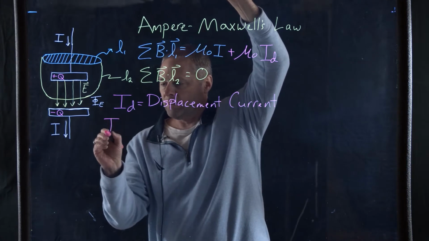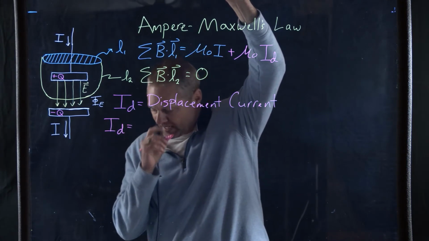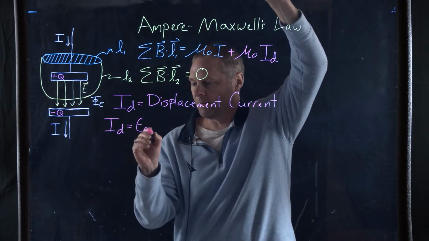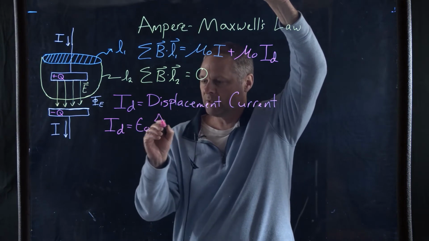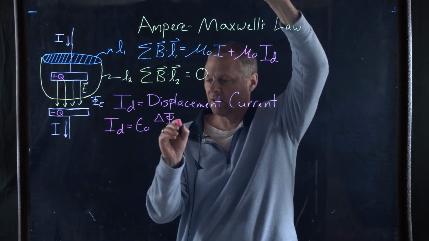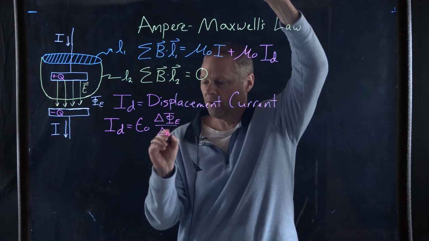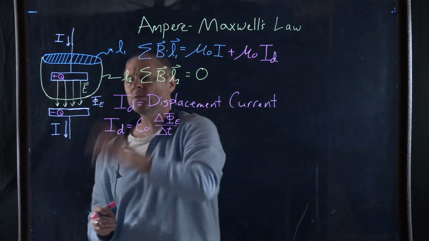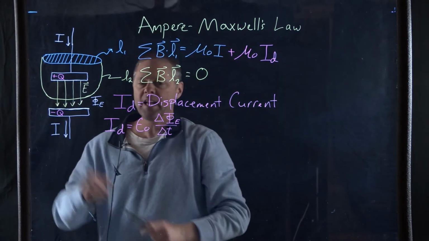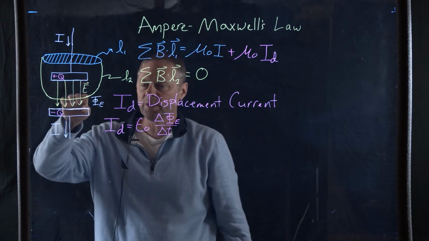The displacement current is equal to the permittivity of free space times the change in the electric flux over time, because over time this electric flux is going to change.